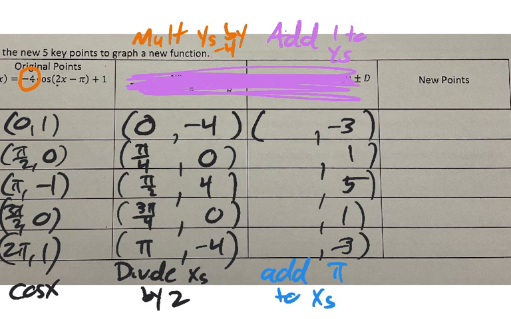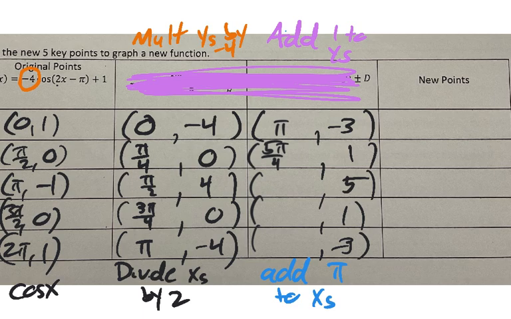Okay, and same to the x's. Now I need to add pi to all of my x's. So what's 0 plus pi? Pi over 4 plus pi. How do we get that? So you just add 1 to 4.